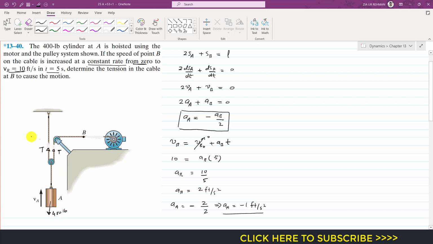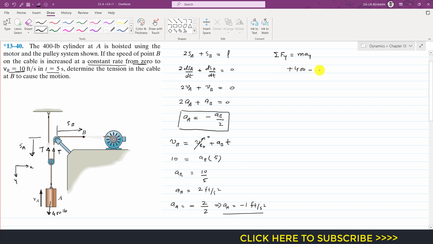Now we need to be consistent with our positive direction. This was our positive SA direction and this was our positive SB direction, so my positive direction is downwards. Let's say this is my positive Y and this is my positive X. Now if I apply the summation of forces along Y equals m AY to this free body diagram, this weight is acting in the positive Y direction, so I write plus 400, minus 2T, since the tension acts in the negative Y direction according to this coordinate system.